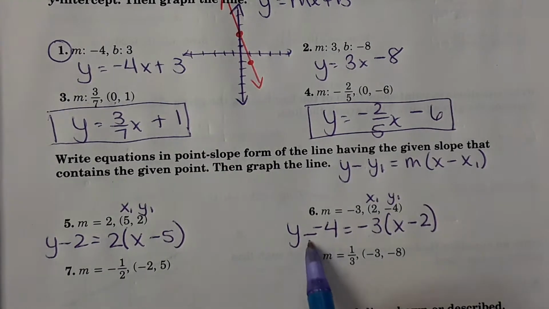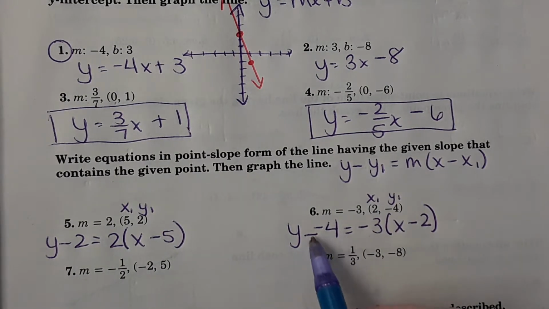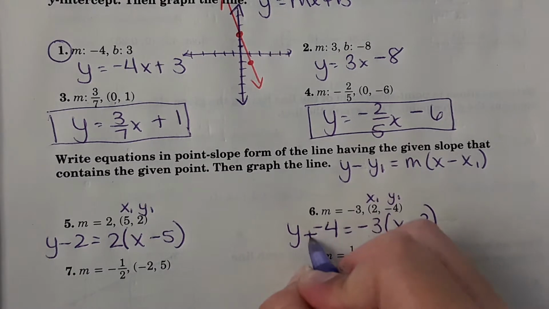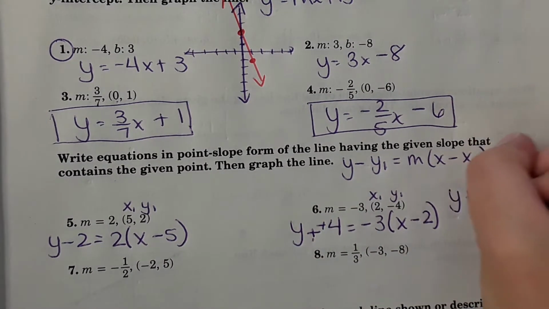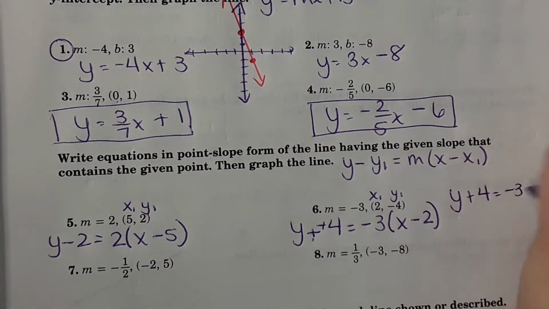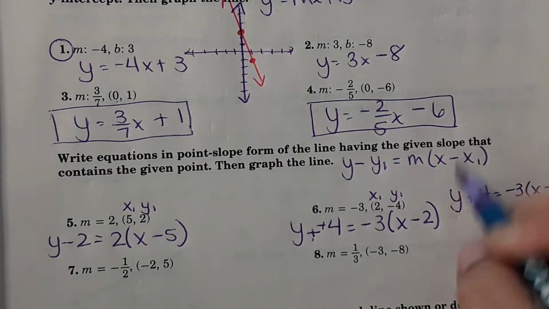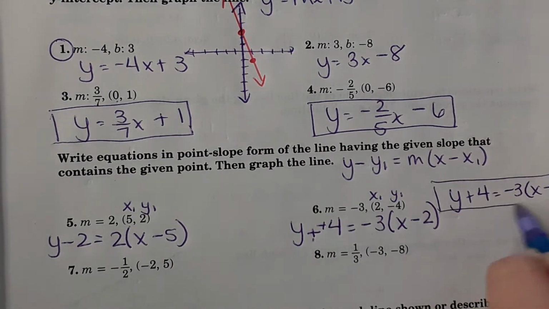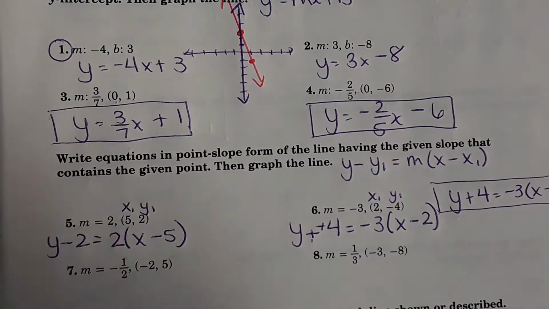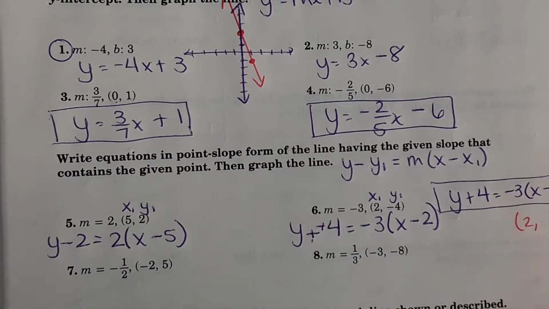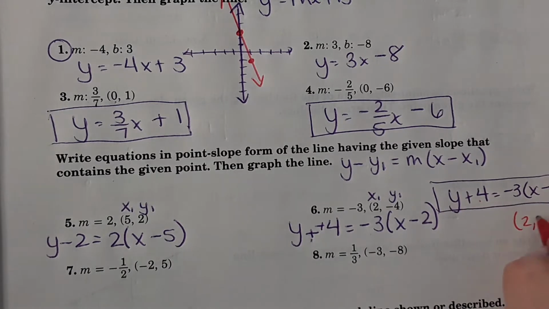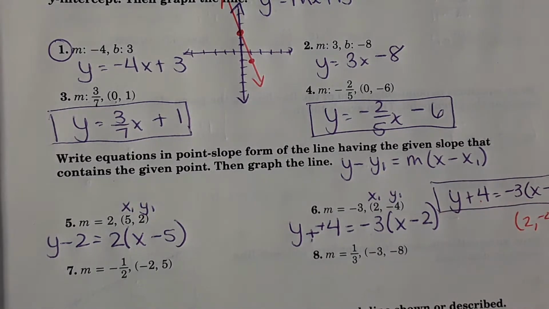We're not going to leave this looking like this. So when you subtract a negative, it's add the opposite. It just becomes y plus 4 equals -3 times x minus 2. And this is the actual answer. When you pull those points out, if you were to graph it, this would be a +2 for the x, and then a -4 for the y, because it is the opposite of whatever's there.